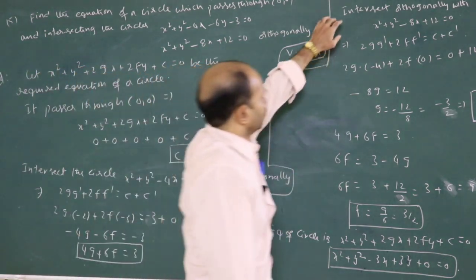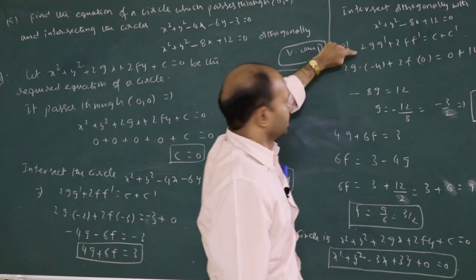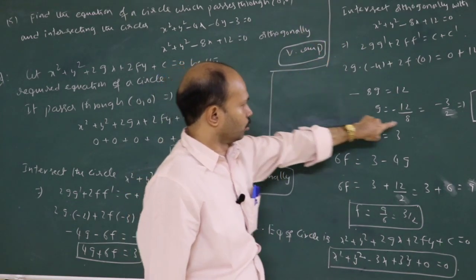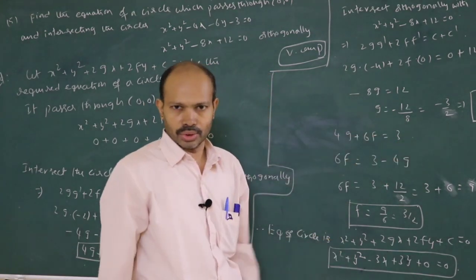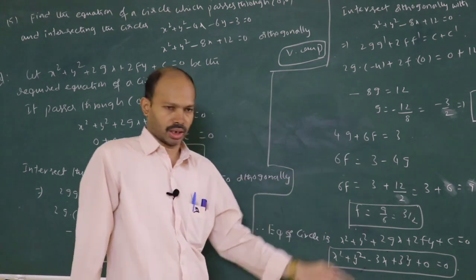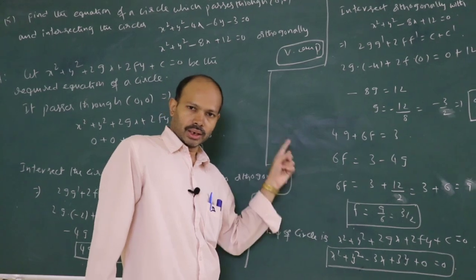Similarly, it is intersecting orthogonally with the other circle. Apply the same condition and simplify. You get one more condition 3. By 1, 2, 3 you know very well how to solve them, as in finding the circle equation in your first chapter. Just like that you get g, f and c.